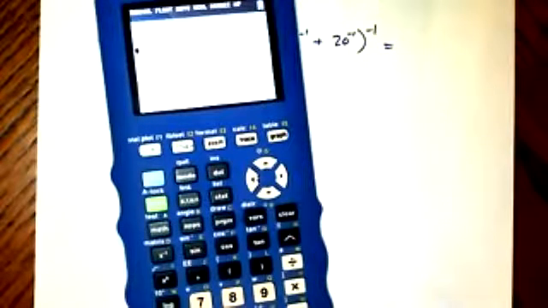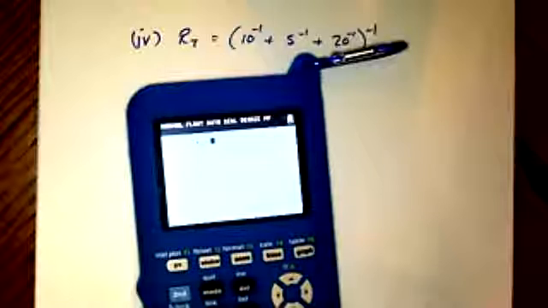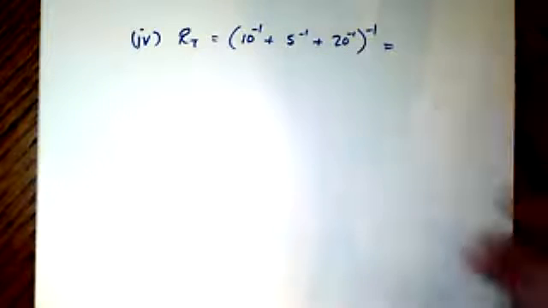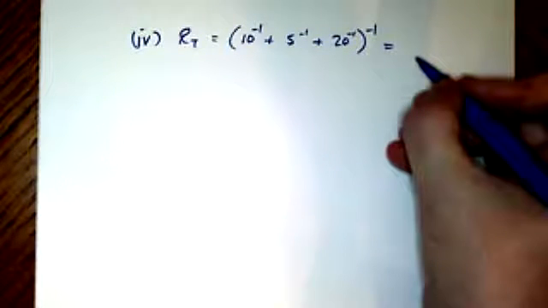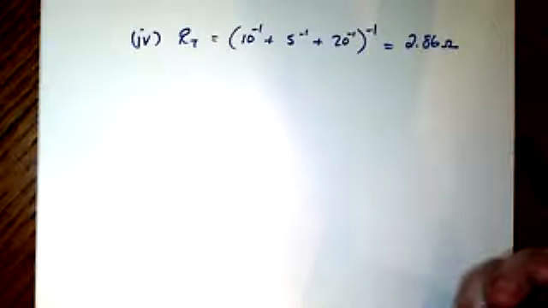So we get 10 to the -1 plus 5 to the -1 plus 20 to the -1, then x to the -1, and that gives me 2.86 ohms. So that is where I'm getting the total equivalent resistance.